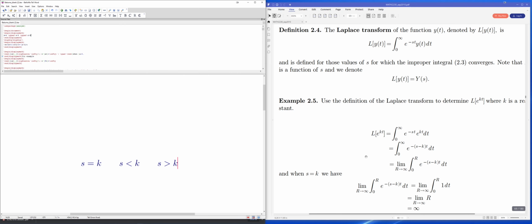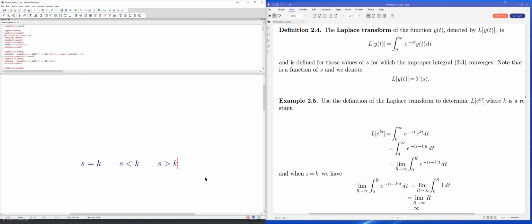This improper integral is only going to converge when s is bigger than k. We're going to see that when s is equal to k and when s is less than k, you're not going to have convergence. In fact, this improper integral will give you infinity.